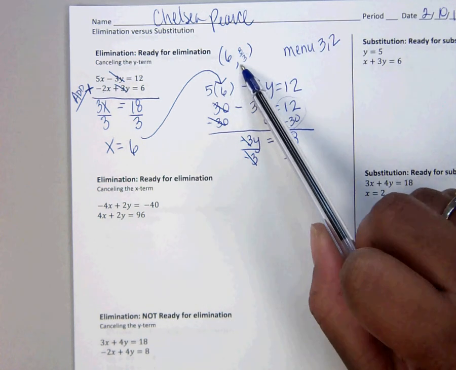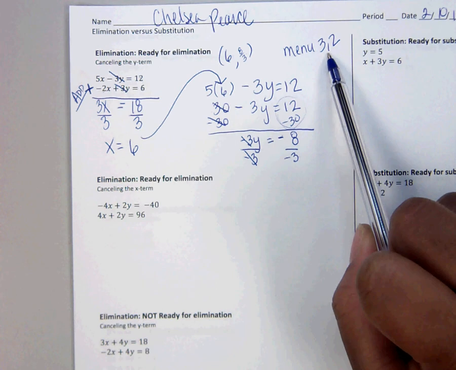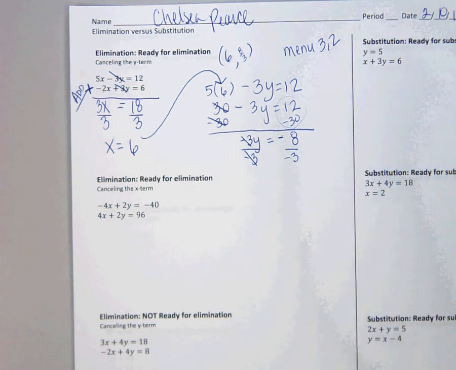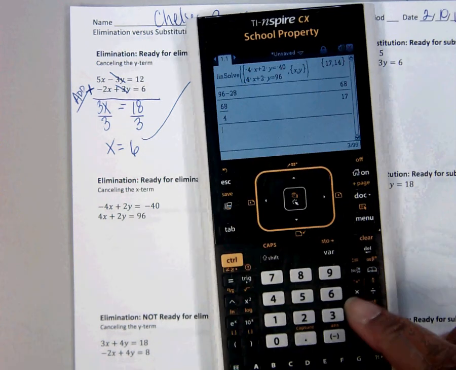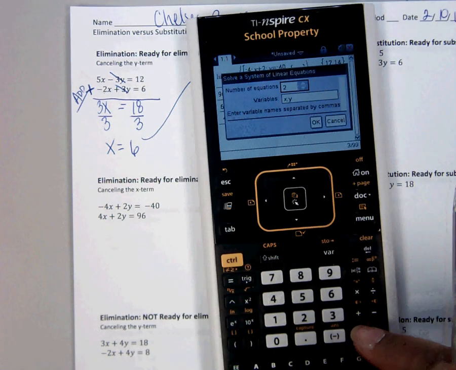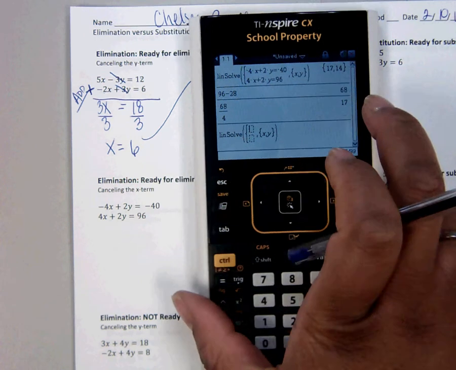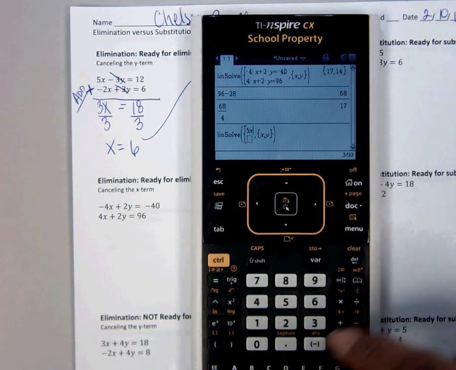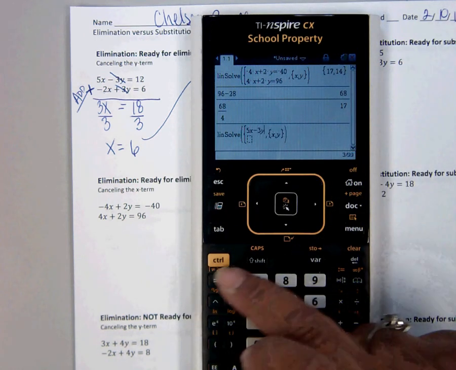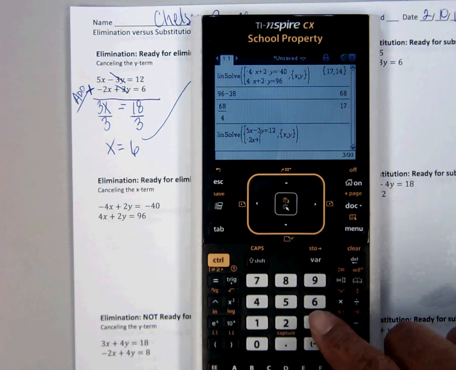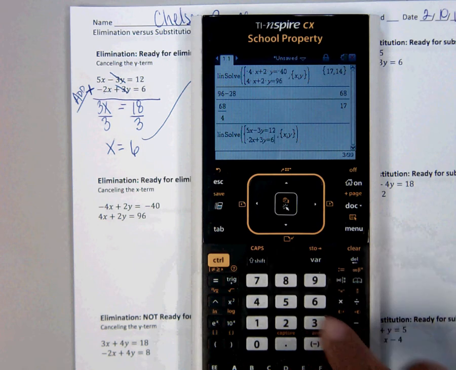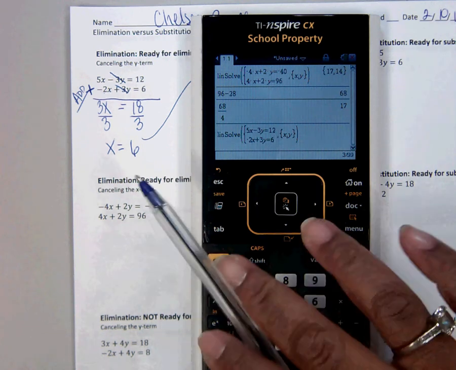If this is correct, menu 3-2 is going to show me that it is correct. If it's wrong, it's going to show me that too. So let's do that. Menu 3-2. I'm going to type in 5x minus 3y equals 12. Negative 2x plus 3y equals 6. Make sure I typed in everything right.